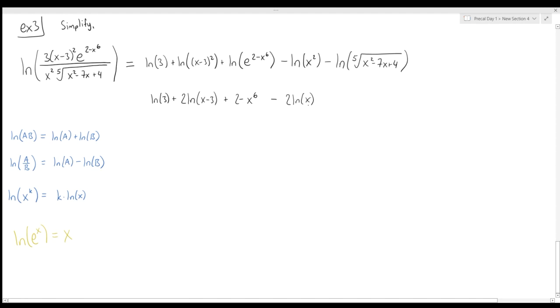Okay. And then for this term over here, remember that something being fifth rooted, the fifth root is the same as raising something to the power of 1 over 5, okay? So therefore, once you rewrite it as a power of 1/5, you can bring that 1/5 out to the front.